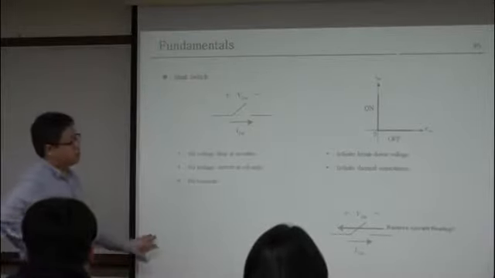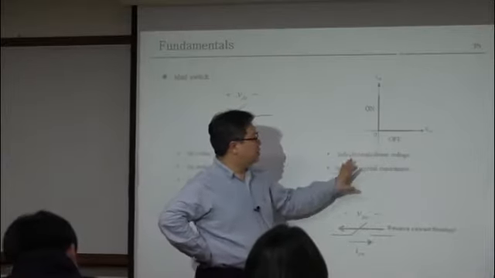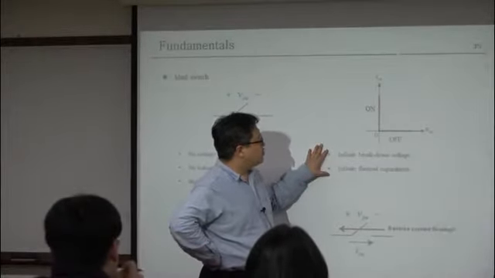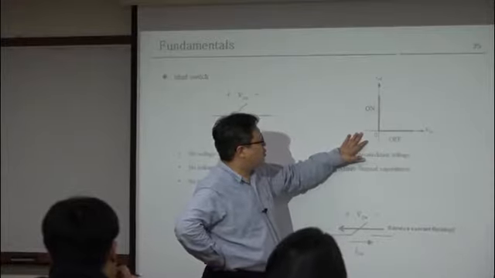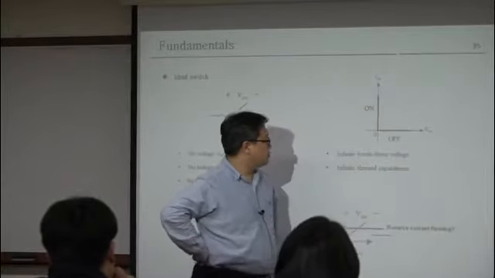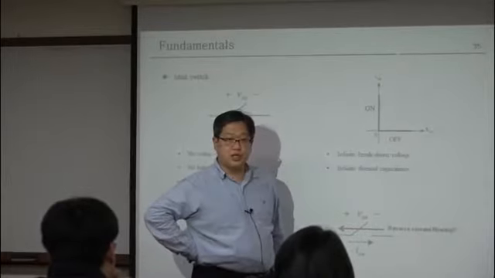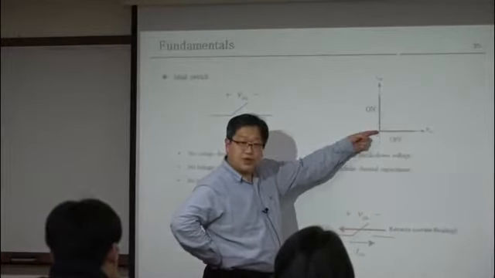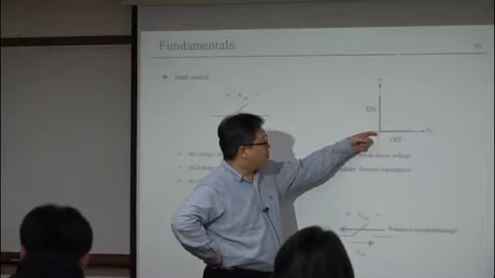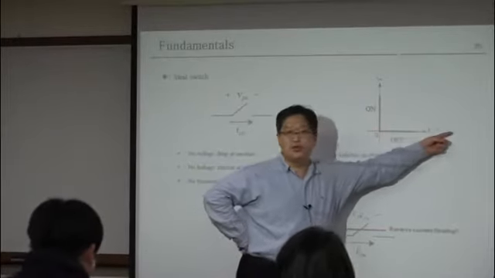Then here, this is the typical VI characteristic of the ideal switch. So when you turn off the switch, you don't flow any current, 0 ampere, but you can survive even under infinite voltage.